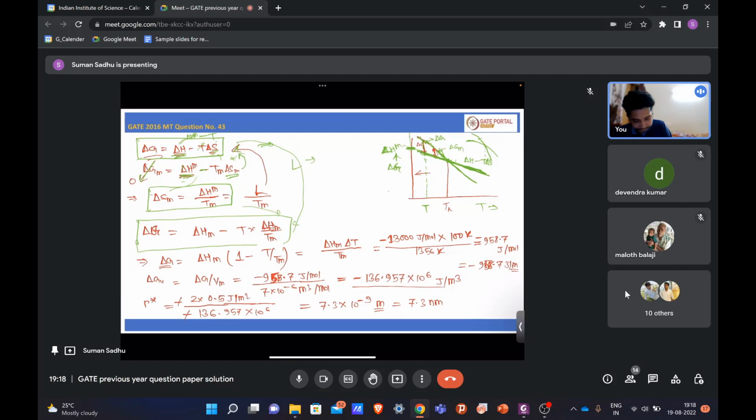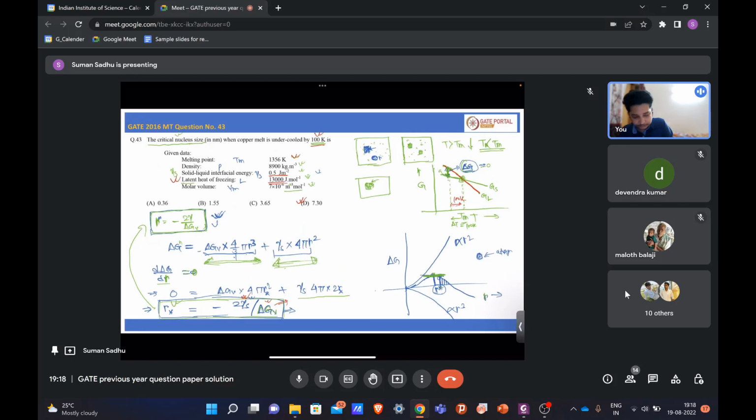So delta G is equal to delta Hm minus T delta Hm by Tm. That is, delta G is equal to delta Hm into delta T by Tm, right? Now delta Hm is given. The latent heat of freezing is given as 13,000, but it is negative, right?